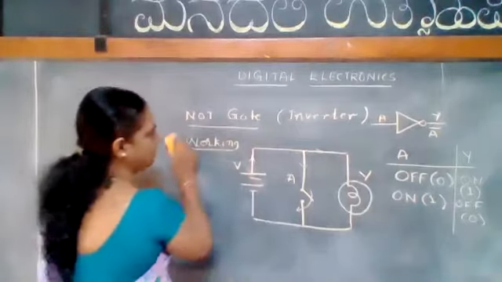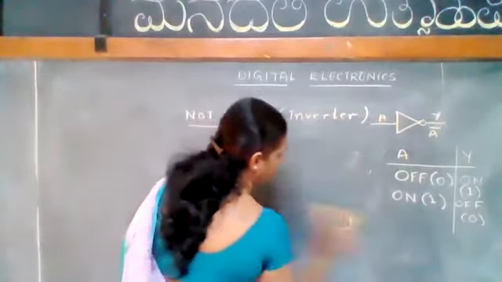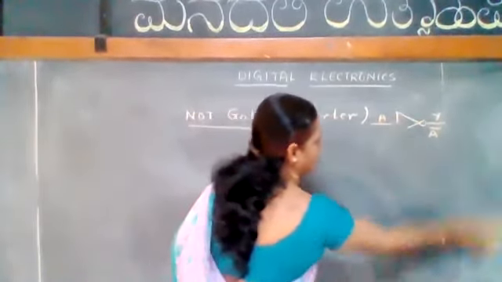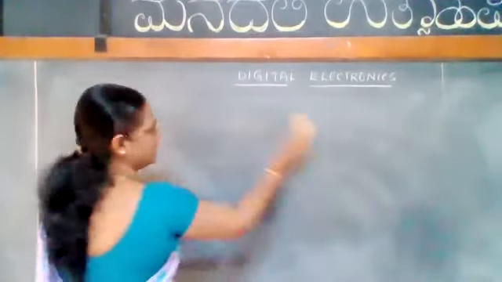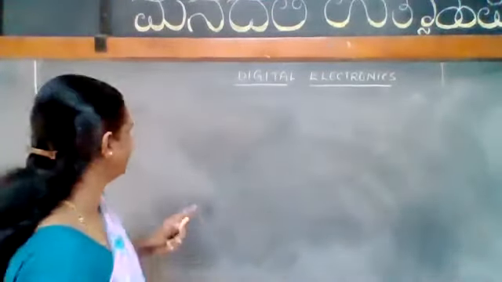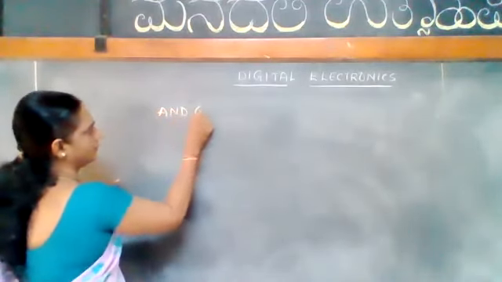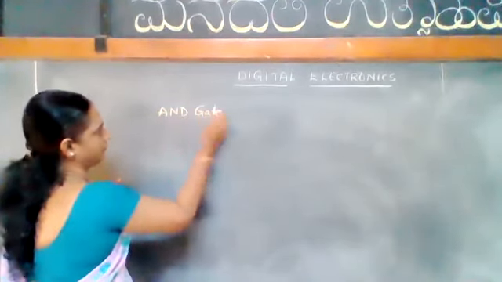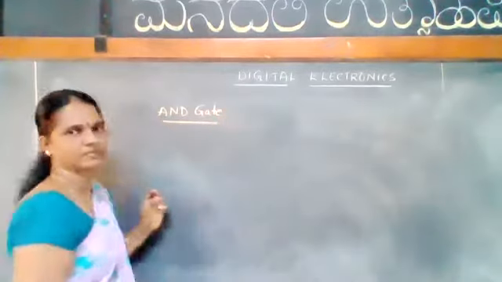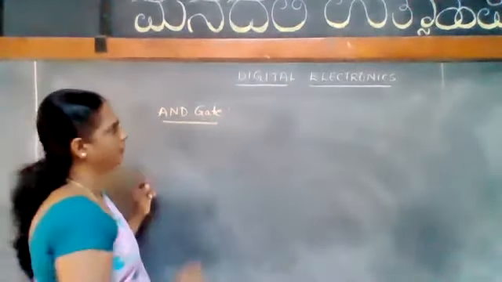Now, let us take up the next gate. Next gate is AND gate. AND operation.